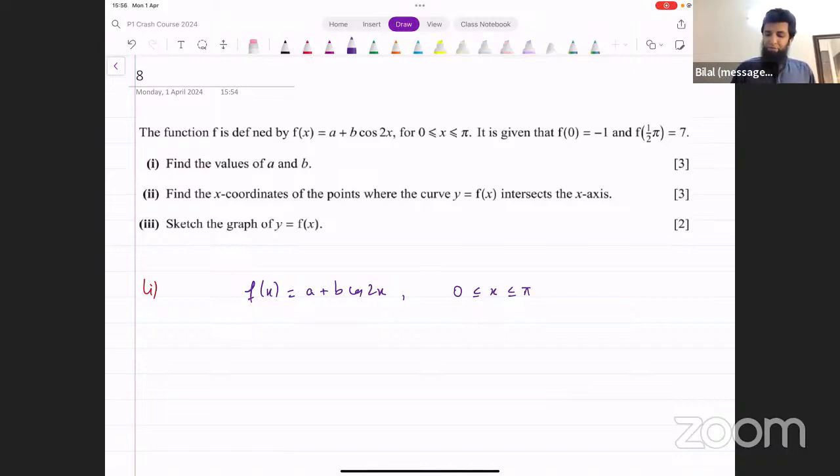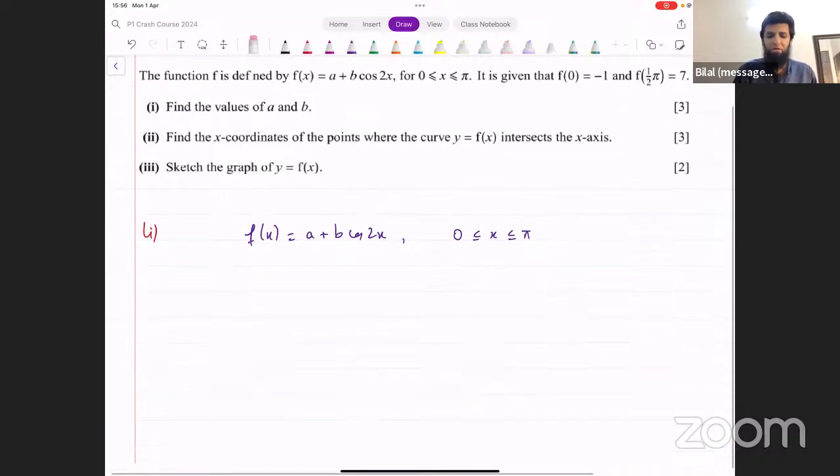It's given that f of 0 equals -1 and f of pi over 2 equals 7. Find the values of a and b. Well, it's not really a range question, actually. It's just a simple trigonometry question using function notation.